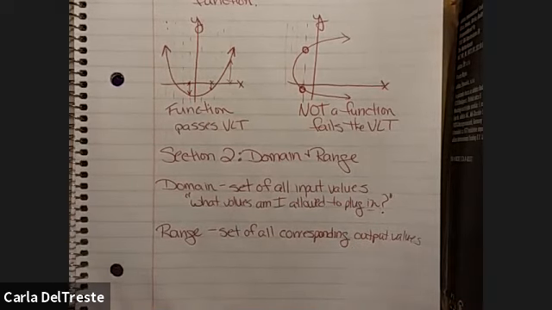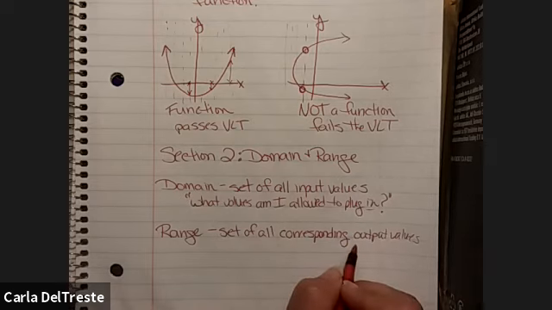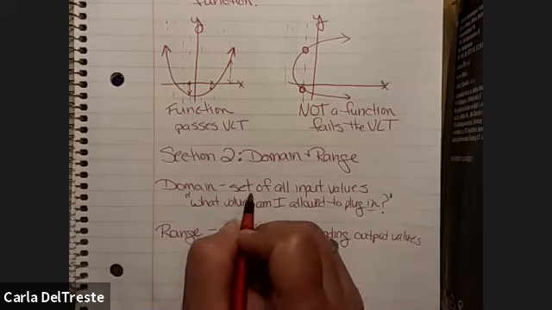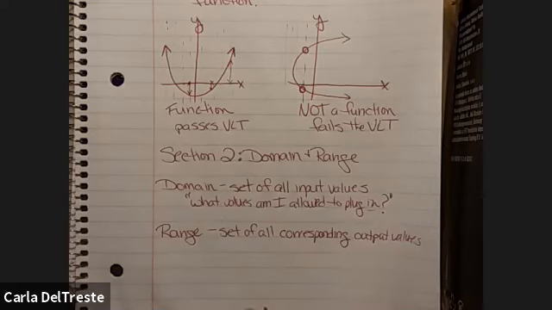The reason why I'm using the word corresponding is, remember, you're not going to get an output if you don't have an input that will result in that. So I use the word corresponding here because you have to have an input that will give you that value. So again, it's kind of like what's allowed. What are you actually going to get out?